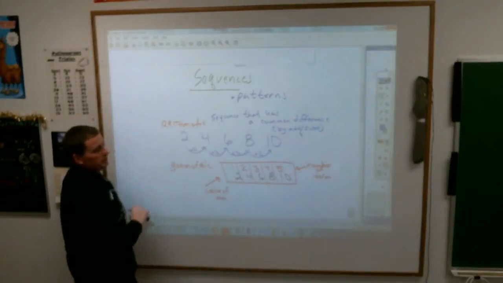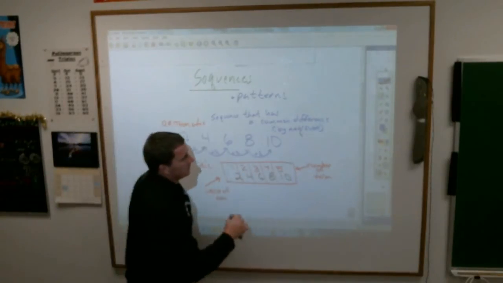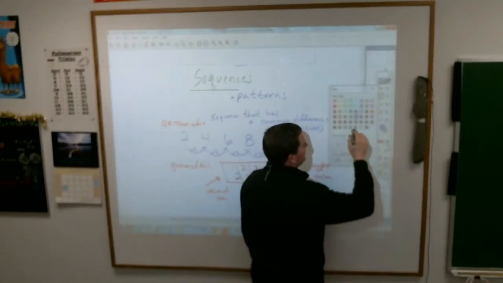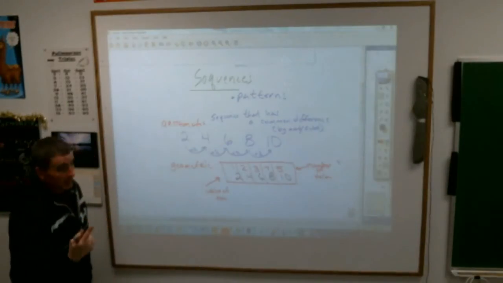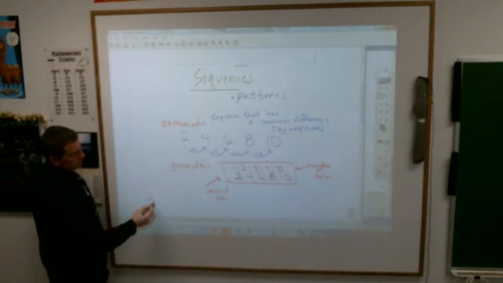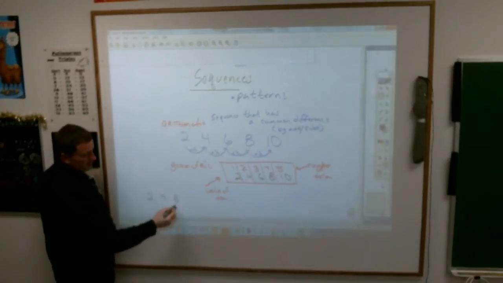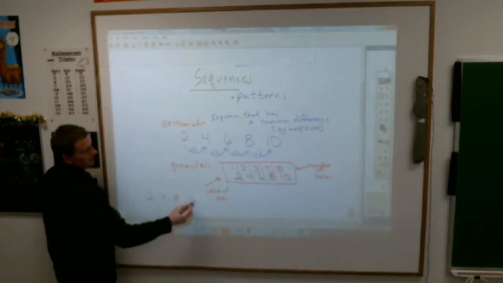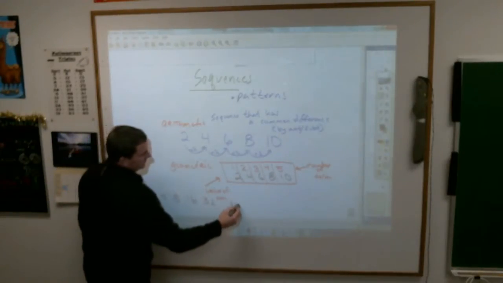Now, a geometric one, you can probably guess. A geometric sequence is one where you get the next term by multiplication or division. For example, 2, 4 starts out the same way, but the next one would be 8, then 16, then 32, then 64, and so on.